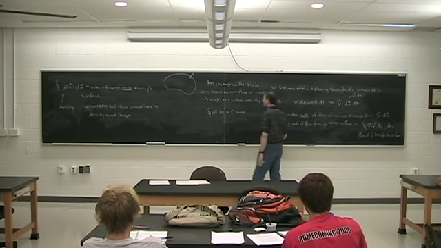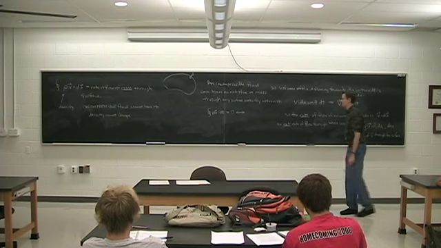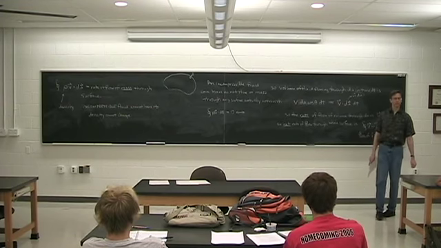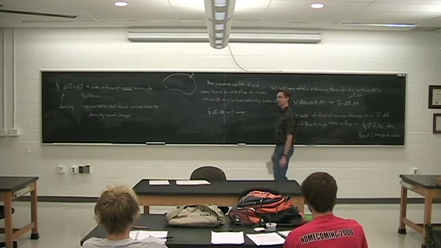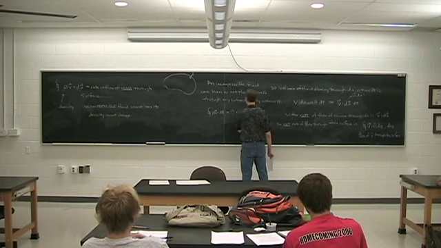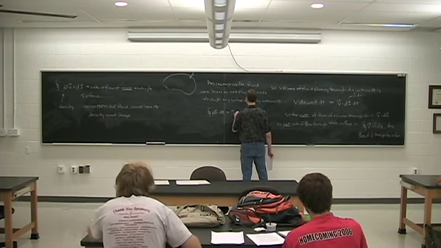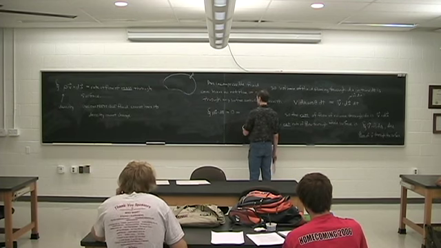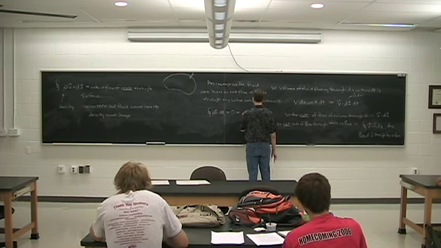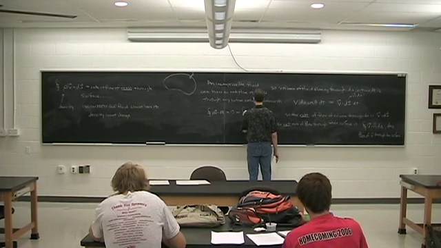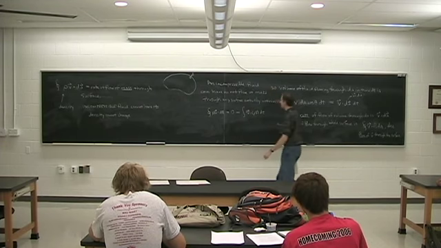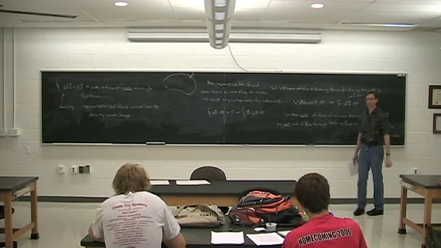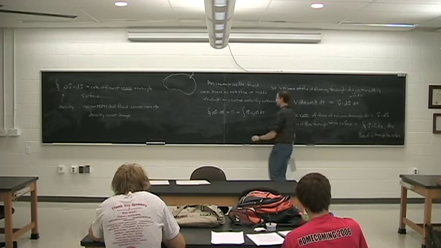But by the divergence theorem, remember that the flux of a vector field through a bounding surface is equal to the integral of the divergence over the volume that's enclosed by it. So by the divergence theorem, that flux is equal to the divergence of rho v integrated over the volume bounded by the surface.